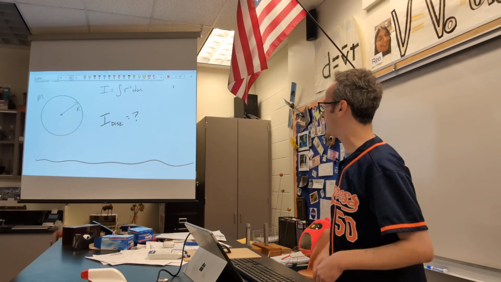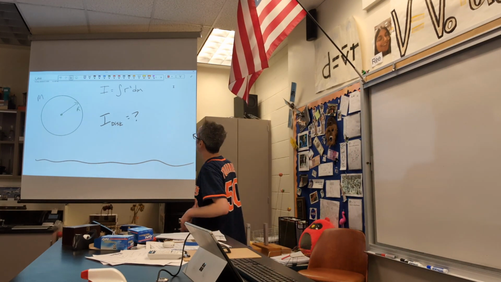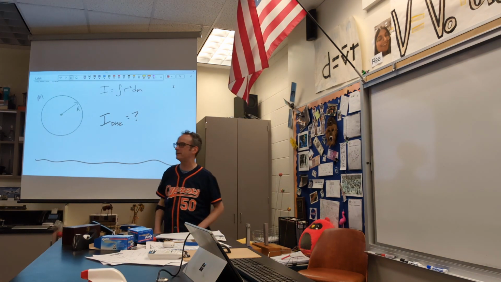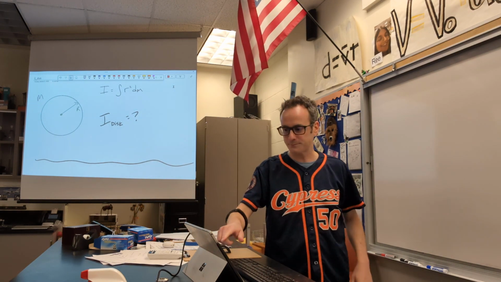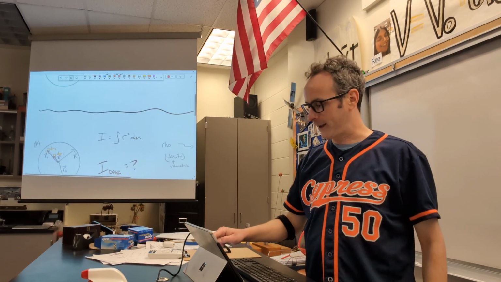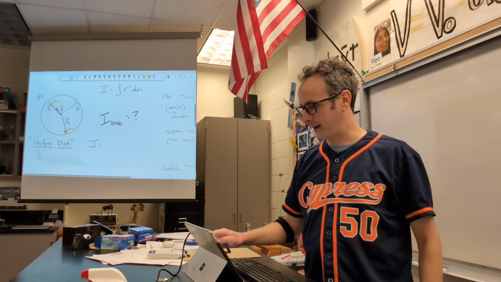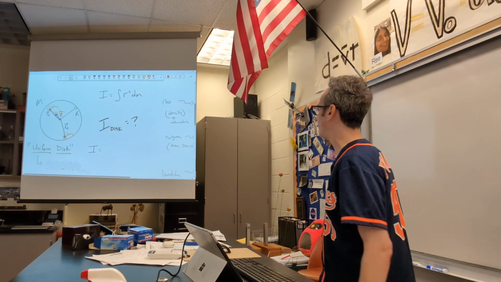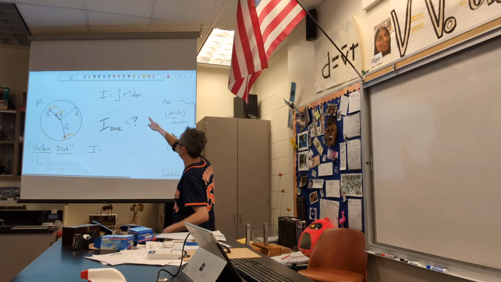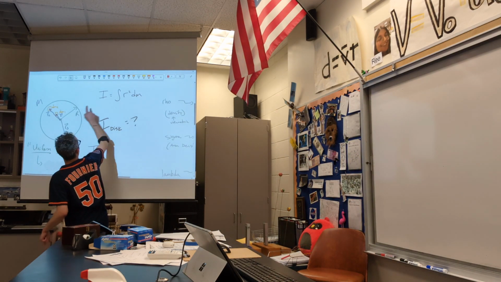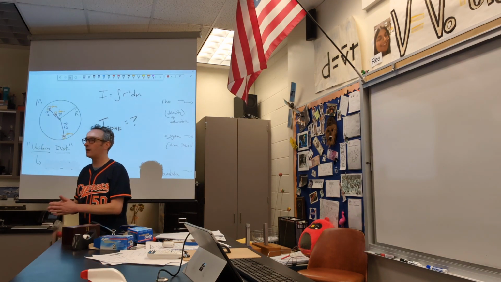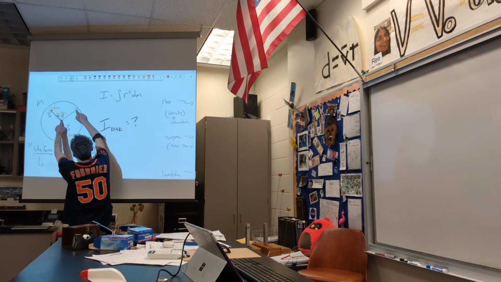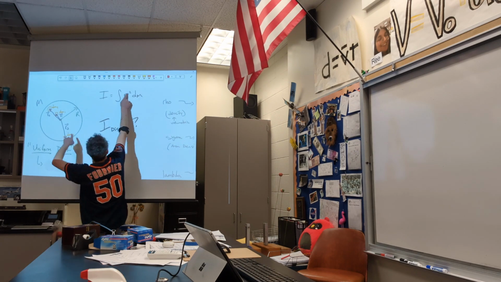The moment of inertia equation that we got is the integral of r squared dm, right? And remember what we're saying here: we know the moment of inertia of a point mass is the mass times r, the distance away from the axis of rotation, squared.